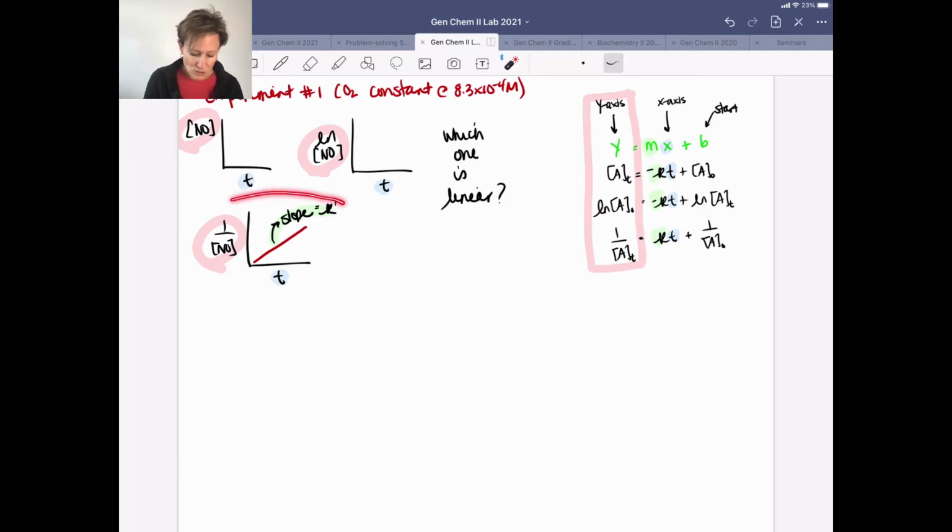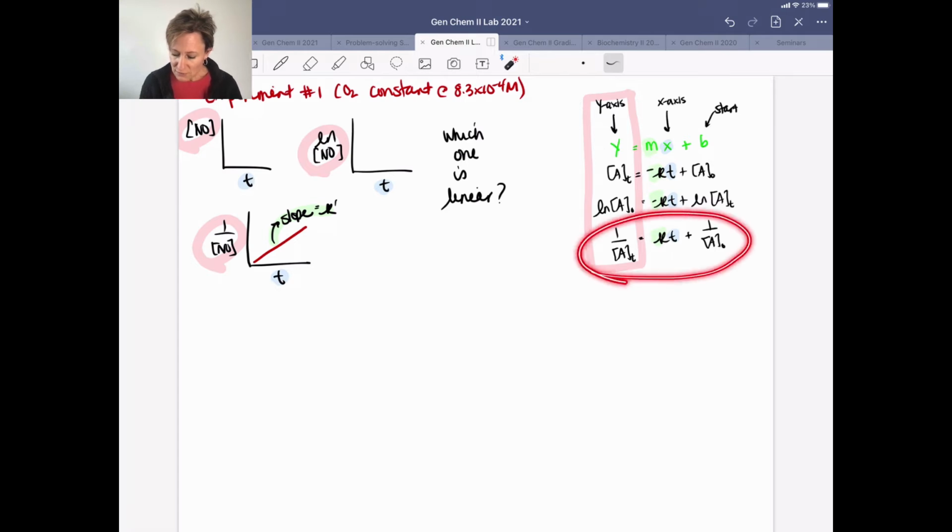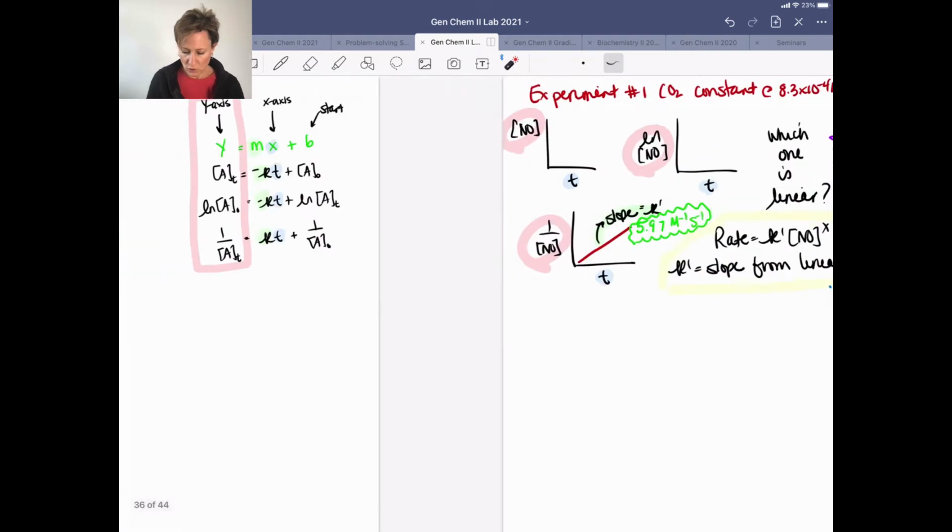So when we have a certain reaction that fits a straight line, when we've plotted 1 over NO concentration versus time, we can see that that is going to be this flavor of an equation, right? So our x is going to be our time there. Our y variable is some way of analyzing a change in concentration of our species there. And what we're going to see here is that we will just be able to use whichever plot gives us a straight line to tell us reaction order.